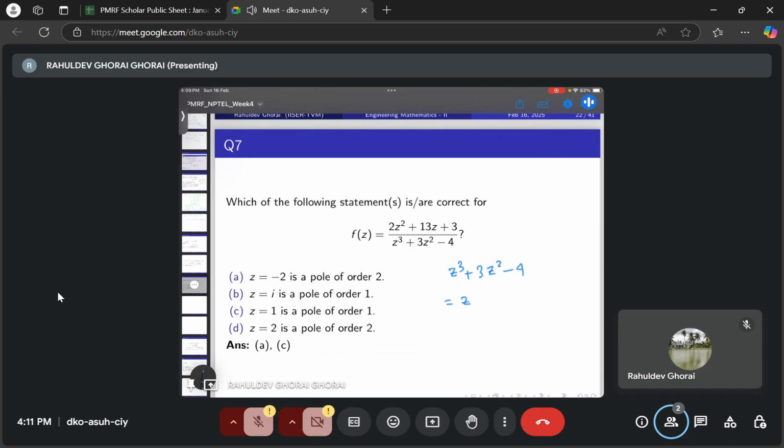So what we usually do is like this: 4 times z minus 1. So z minus 1 times z minus 2z plus 4, right?